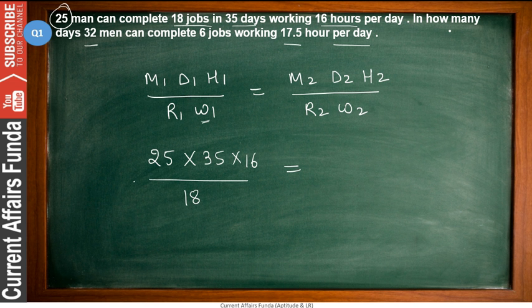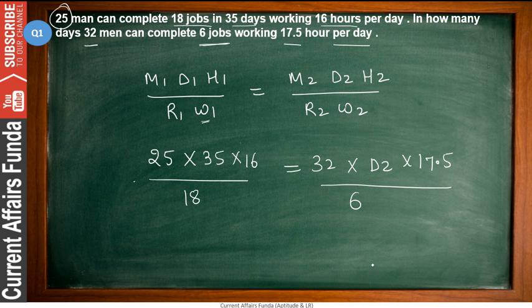On the other side, 32 men is the second value of men, and D2 is what you need to calculate. They work 17.5 hours per day and complete 6 jobs.